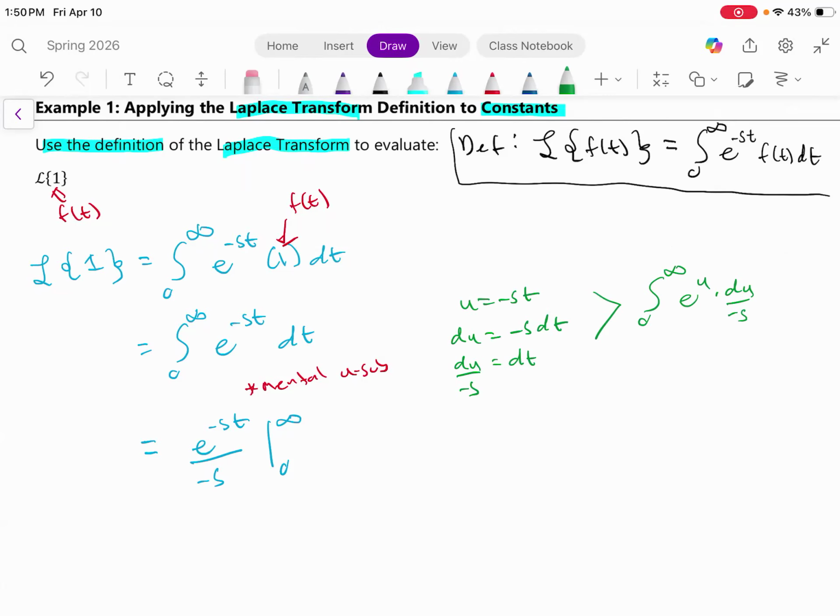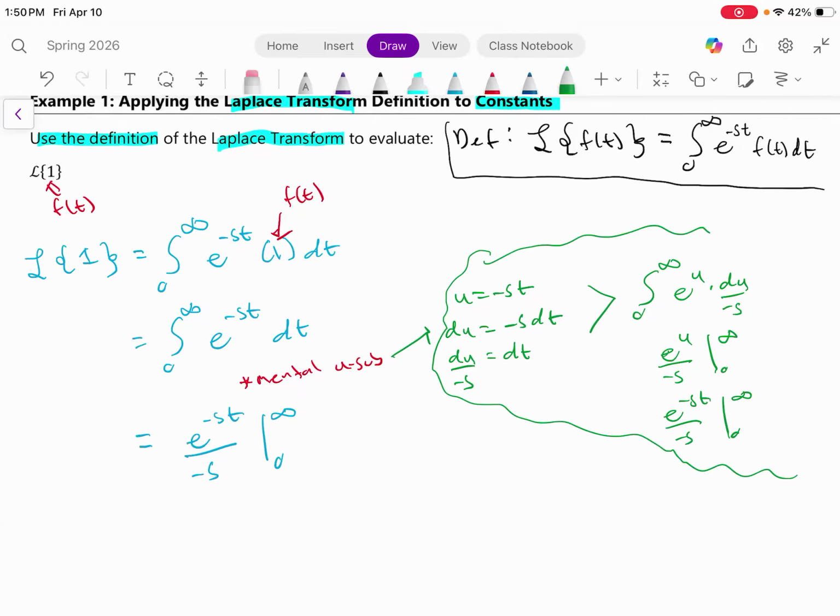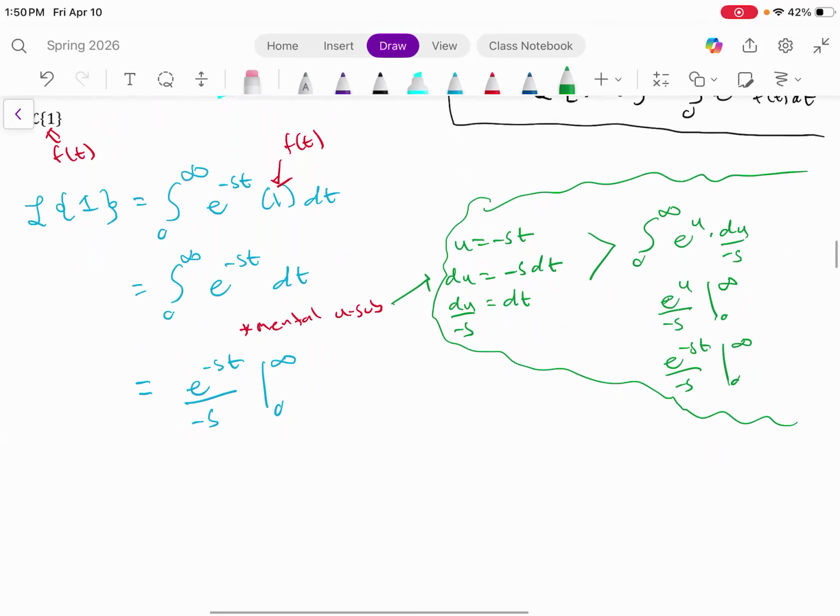You integrate, so it's just e to the u over negative s going from 0 to infinity, which is just e to the negative st over negative s, 0 to infinity. If you want to double check yourself with this work, feel free to, but mental u-substitution just saves you some time. Okay, this is where we're back to our solution.